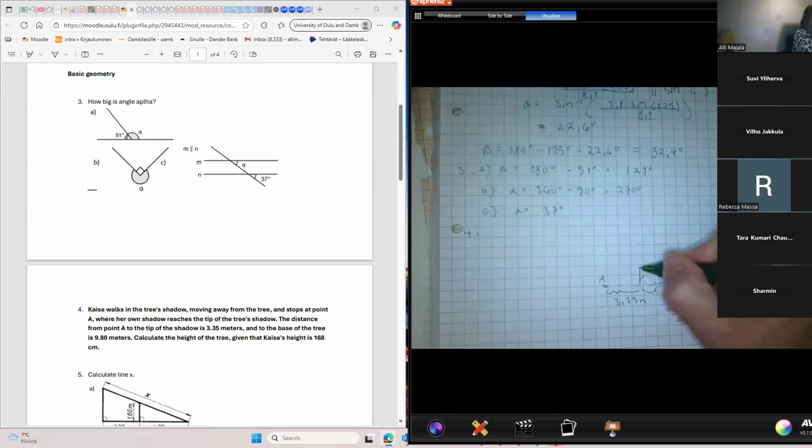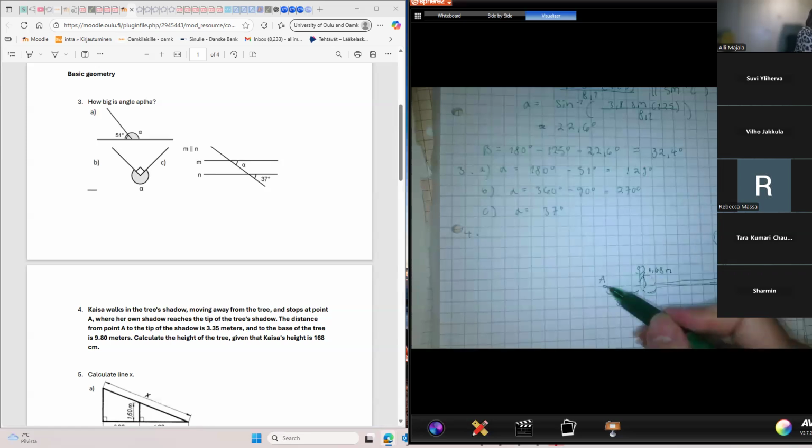This doesn't sound really realistic, somebody is standing here and has some kind of a height. And it's 168 centimeters, which is 1.86 meters.